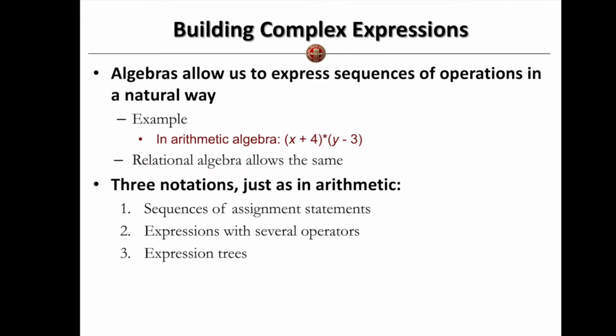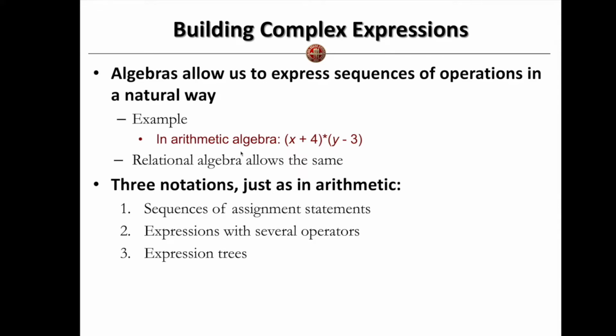So normally we can borrow the ideas we learned from other algebra, right? I think you have learned this in elementary algebra, about the product as well as plus and minus of numbers. And we can represent an expression in multiple ways. Algebra always allows us to express the sequence of operations in a natural way.